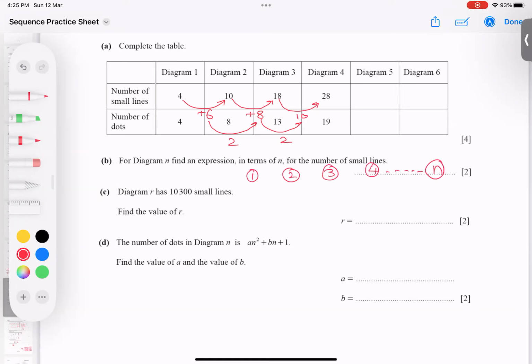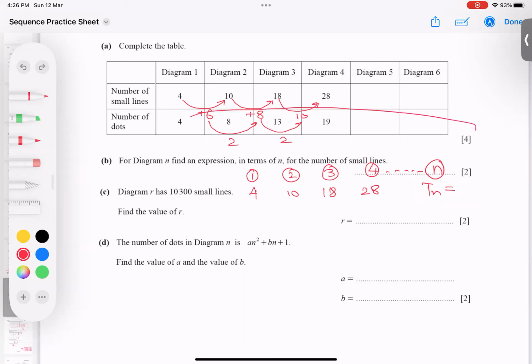Term number 1 is 4, term number 2 is 10, term number 3 is 18, term number 4 is 28. Now term number n is what I'm looking for. So Tn is equal to what? That is the question.